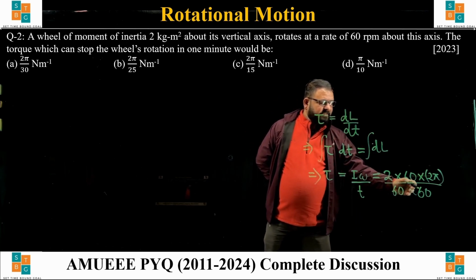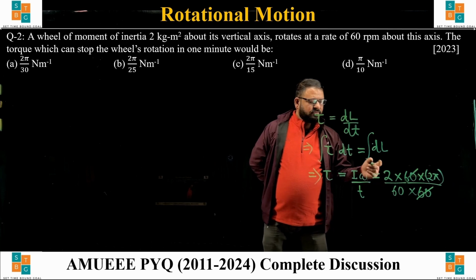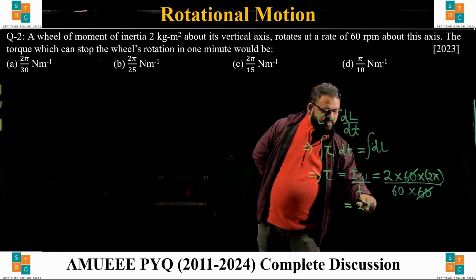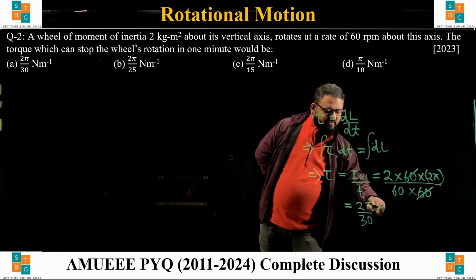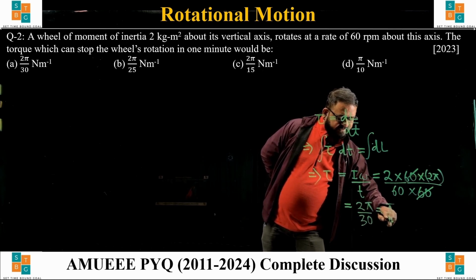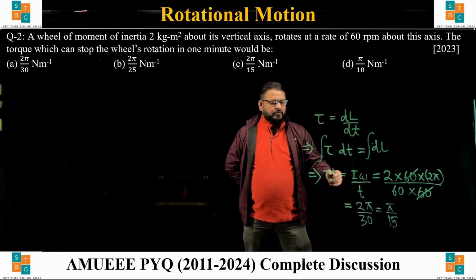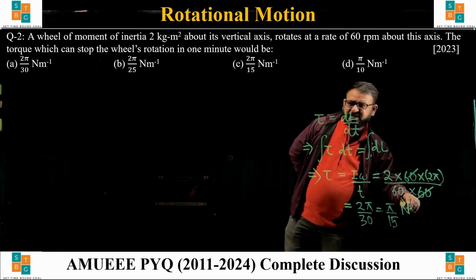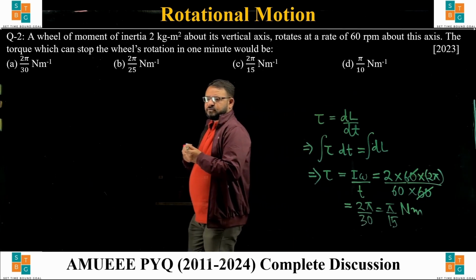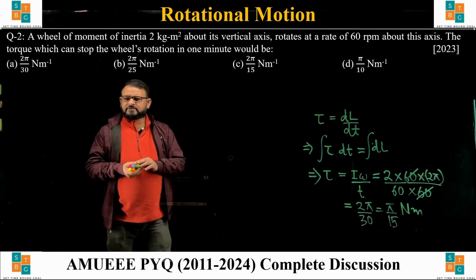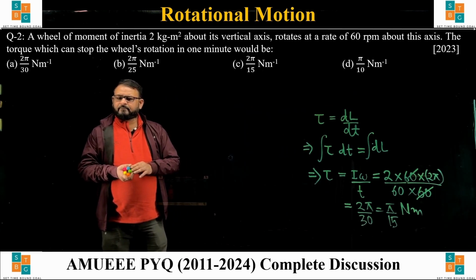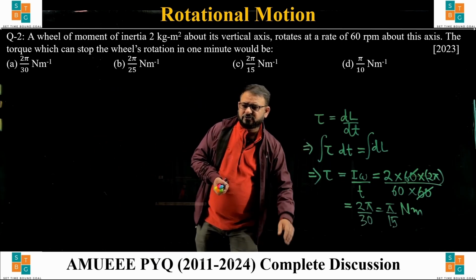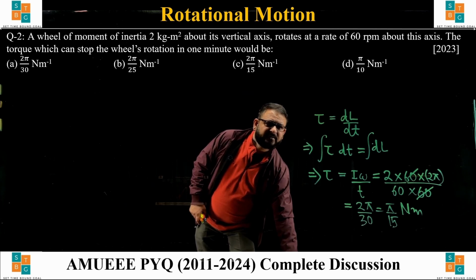Okay, so we can clearly see this is 60 gone, and this turns out to be 2 pi by 30, or actually pi by 15 Newton meter, because torque is R cross F, so it should be, negative power should not be there.